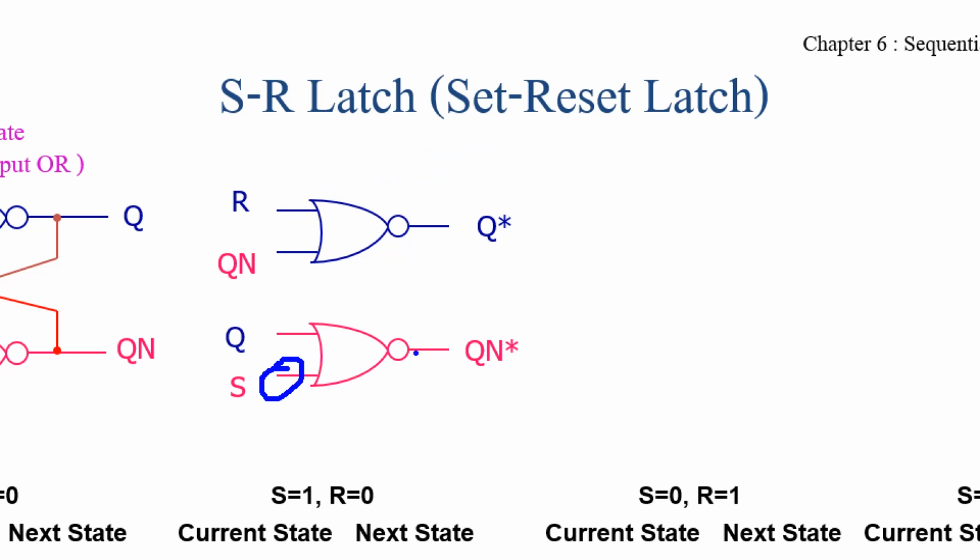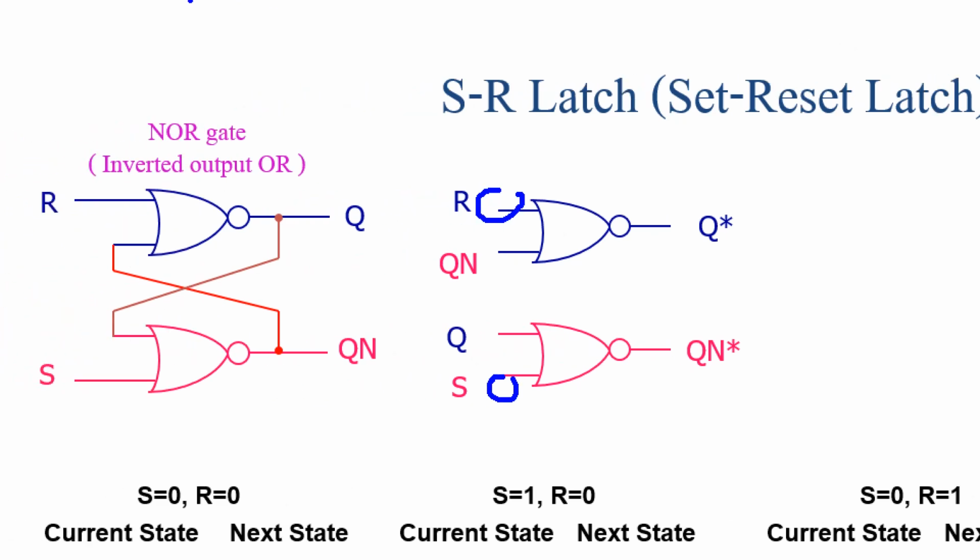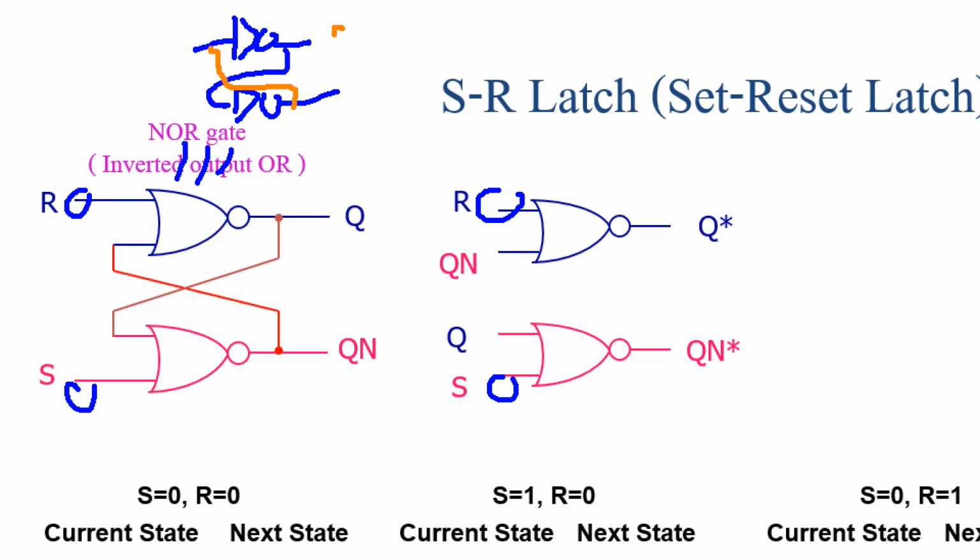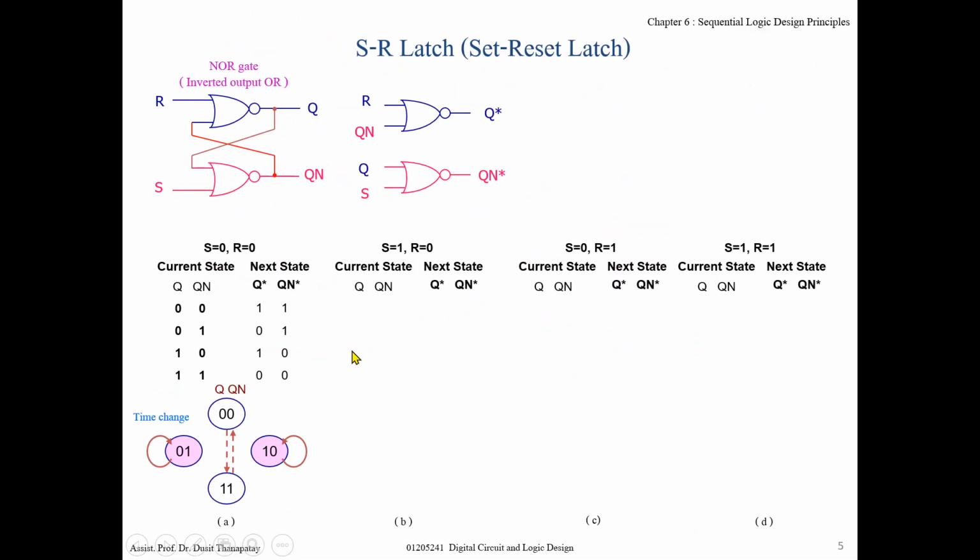This one also, when S is 0, the result of the operation is the same as an inverter. So if you apply 0, 0 here, the circuit operates the same as this one. So it's a bistable circuit. When you analyze, you get the same result.